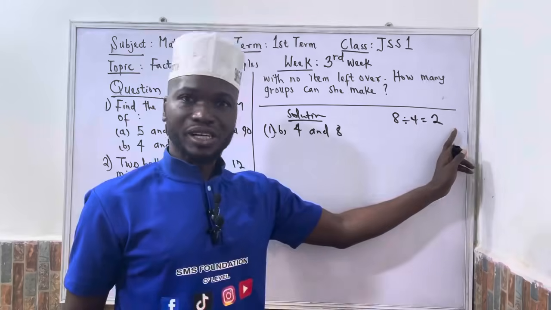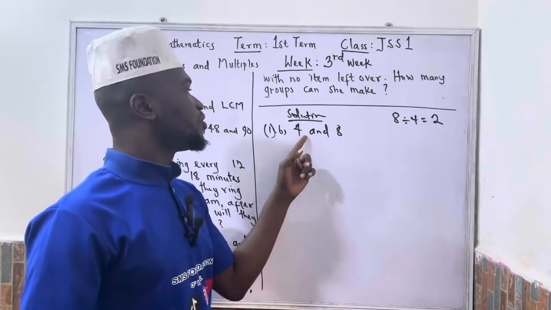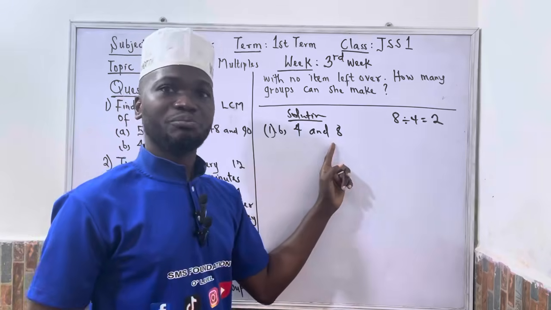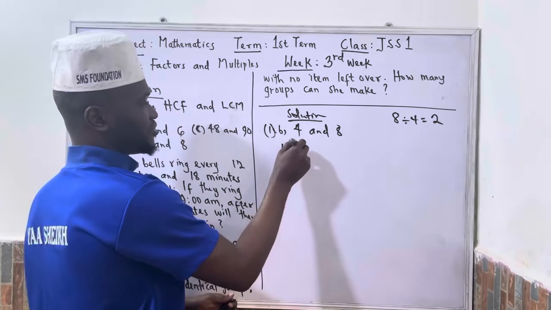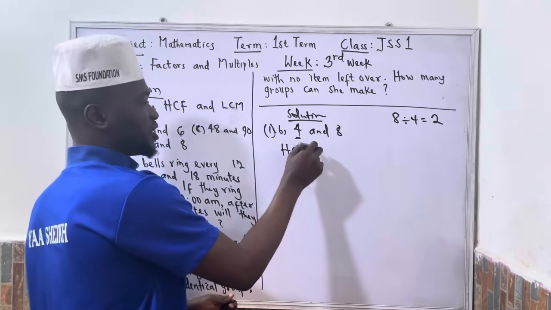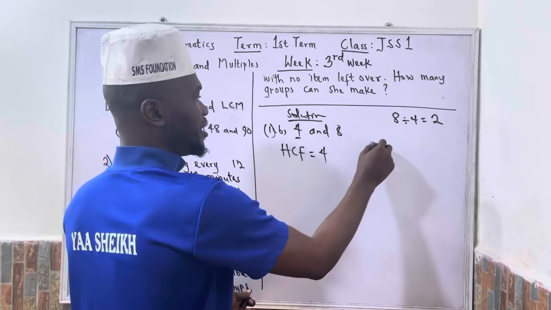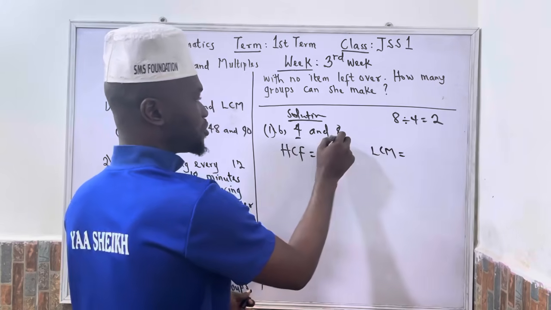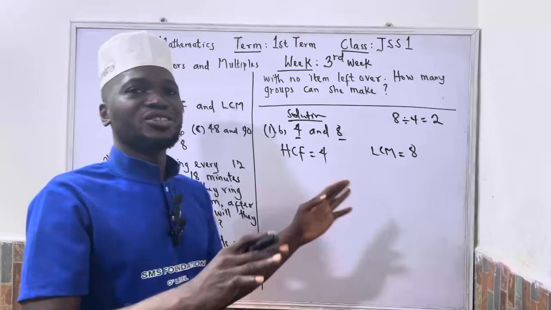There is no remainder. So if it happens like this, that the smaller number can divide the bigger number, don't worry yourself. HCF will just be the smaller number, 4. And the LCM will just be the bigger number, which is 8.